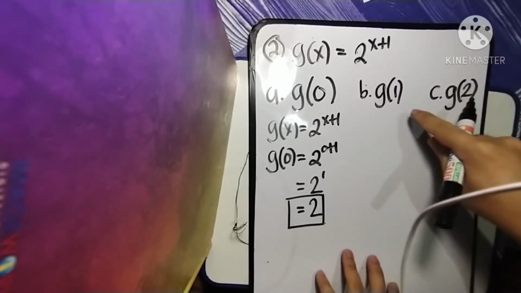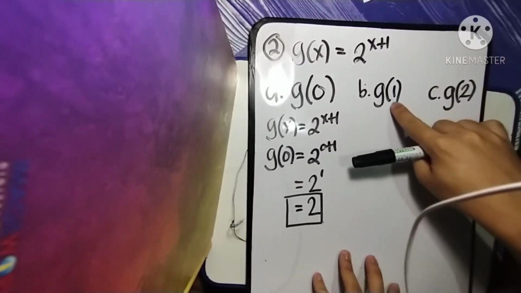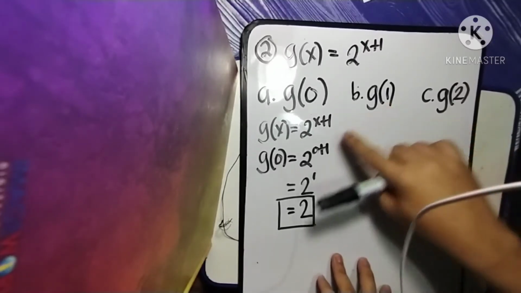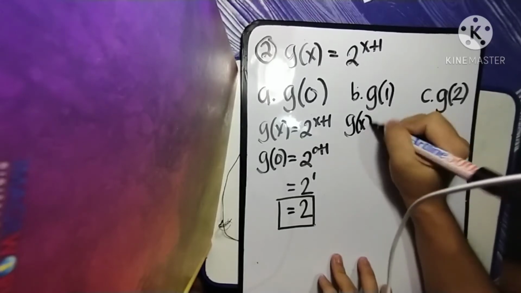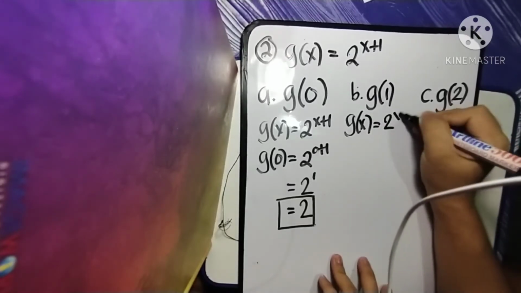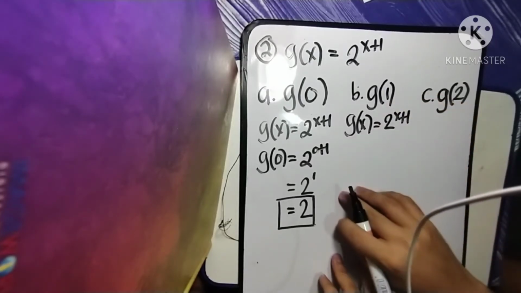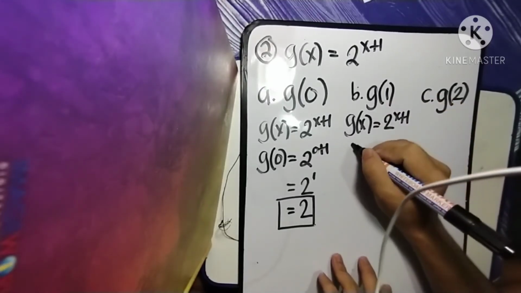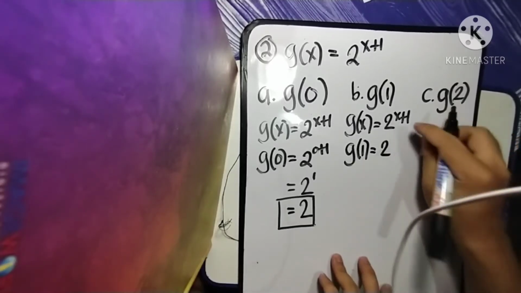Now, let us proceed with another value of x. So, if x is equal to positive 1, what would be the value of our function? So, given by g of x is equal to 2 to the power of x plus 1. This is now our function. Then, apply substitution process. So, this will become g of positive 1 is equal to 2 to the power of x plus 1.